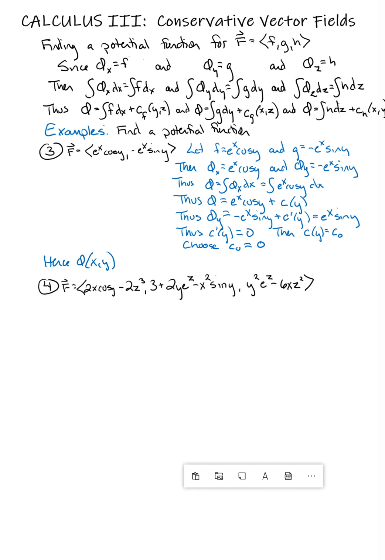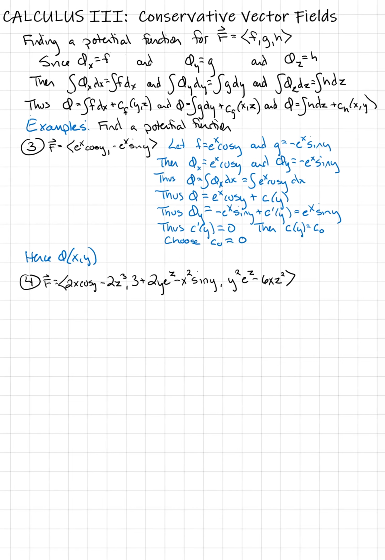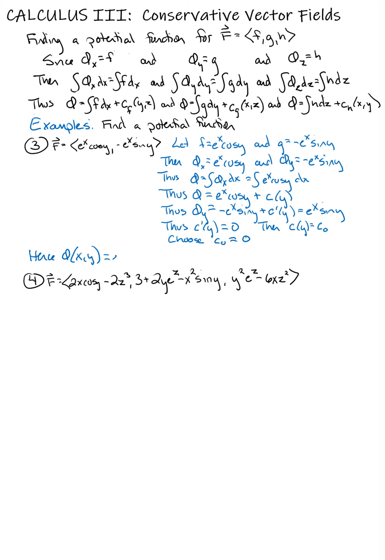Phi, there it is right there, is equal to e to the x cosine y plus c, but c, remember c we said is c naught, but c naught we said is 0, so that would be simply plus 0, but we don't need to write plus 0, so there we go. Our potential function is e to the x cosine y.